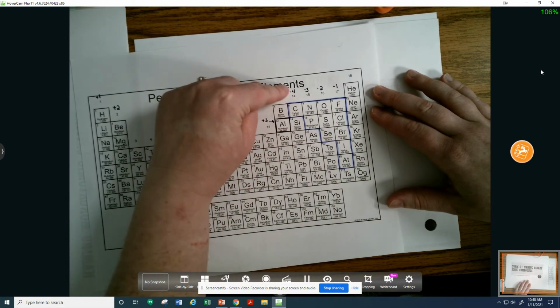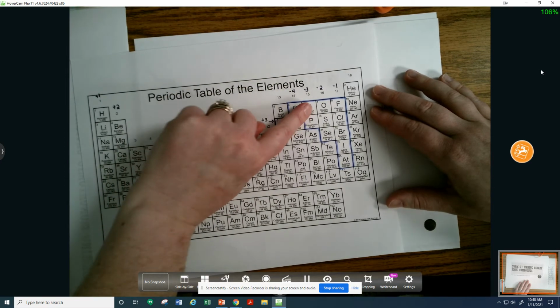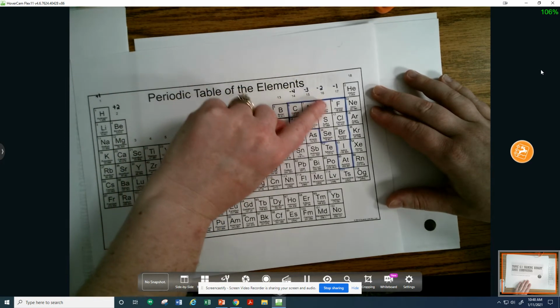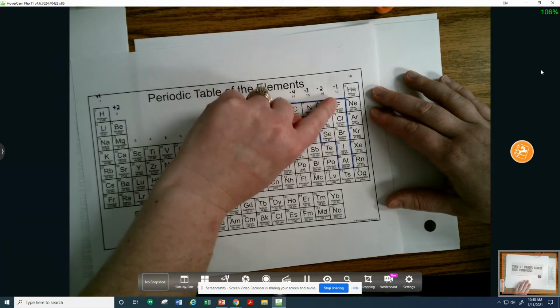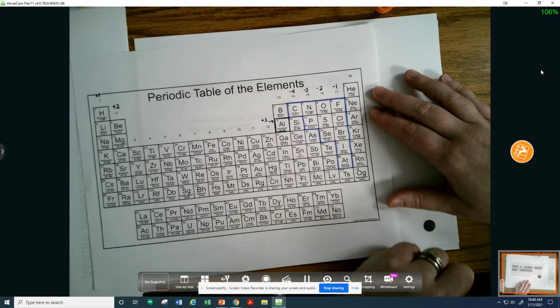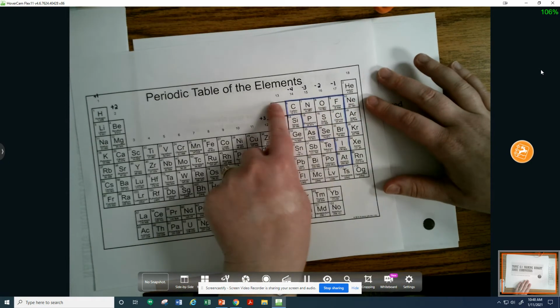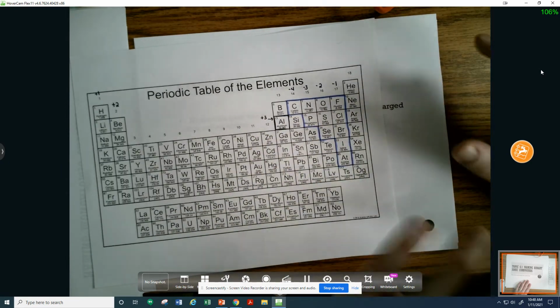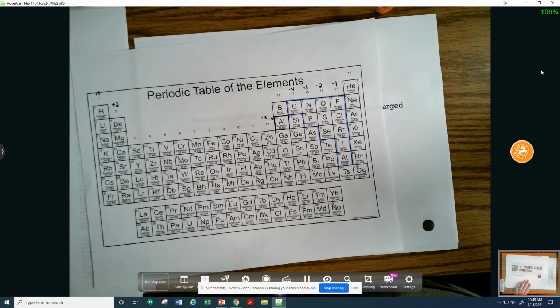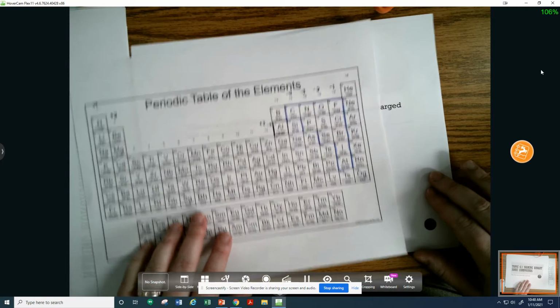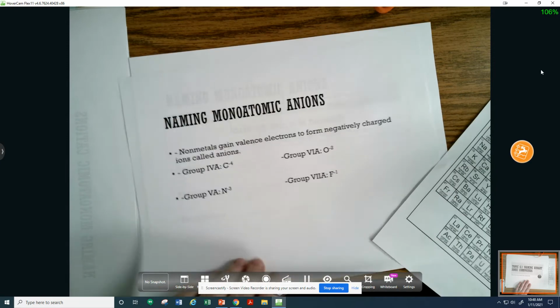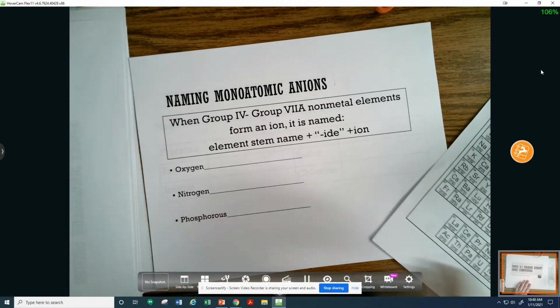So carbon, out of family 14, makes the -4, nitrogen and phosphorus -3, oxygen, sulfur, selenium -2, fluorine down to astatine with the -1. Go ahead and pause the video if you need to. I recommend finding a colored pen, pencil, or highlighter to group that part of the periodic table.